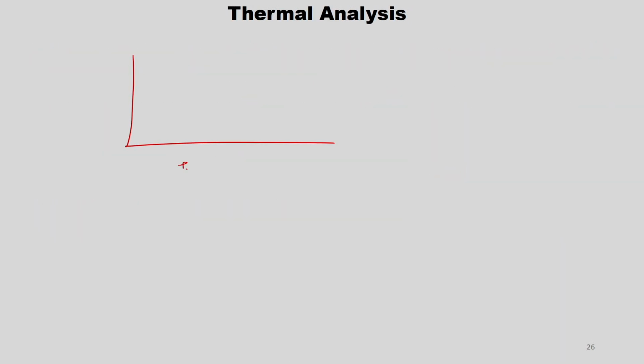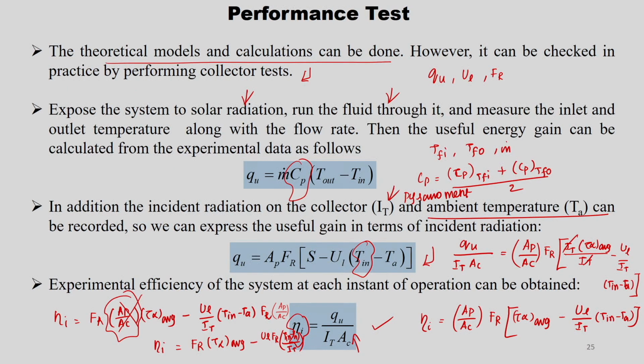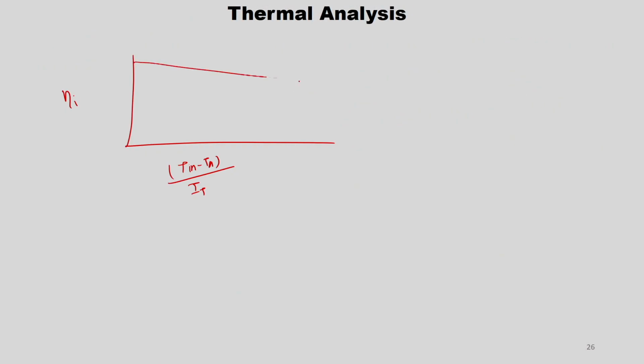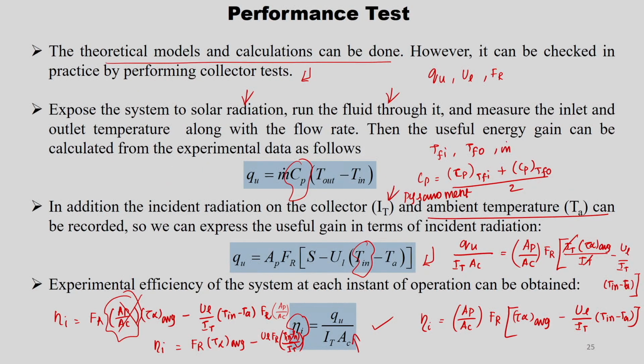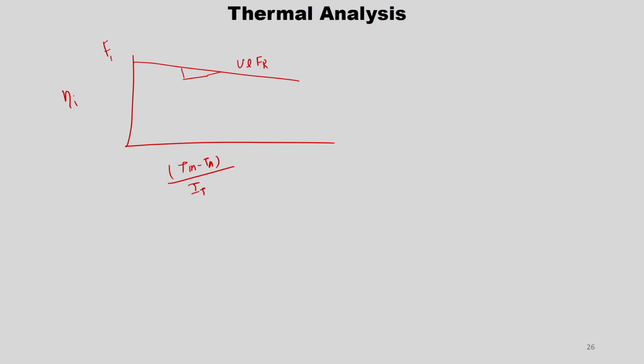If you plot (T_i minus T_a) upon I_T versus eta_i, what you would get is a line with a negative slope of U_L F_R, and your intercept would be F_R (tau alpha)_average. So, one can compare the performance of the new collector with the existing collector and always come up with the performance curve.